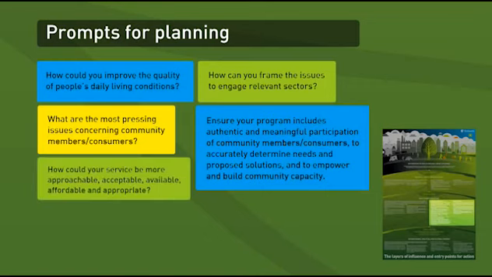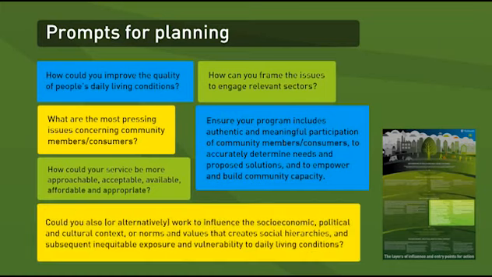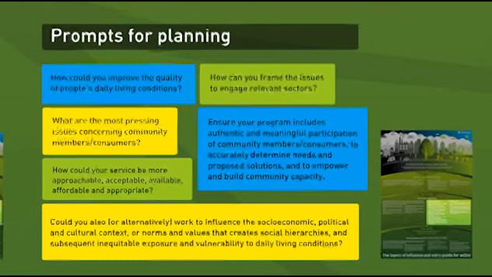How could your service be more approachable, acceptable, available, affordable, and appropriate? Could you also, or alternatively, work to influence the socioeconomic, political, and cultural context that creates social hierarchies and subsequent inequitable exposure and vulnerability to daily living conditions?